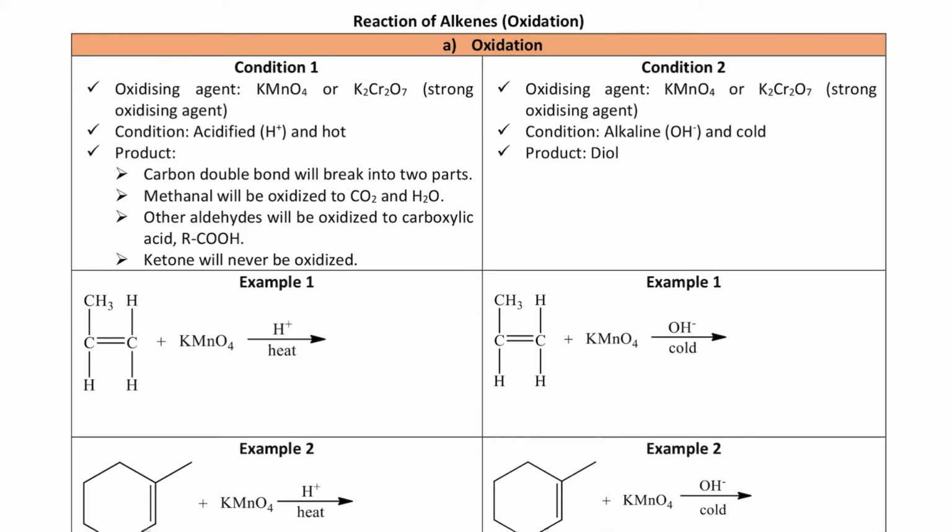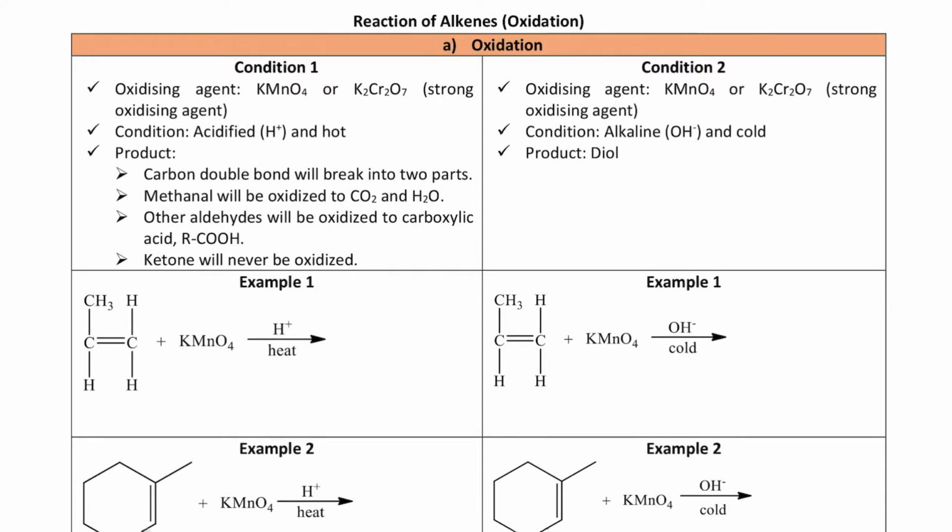Alright. So this one quite complicated sikit lah. Produk dia adalah, first, kita kan oxidize that carbon-carbon double bond dalam alkene tu. So the carbon-carbon double bond will break into 2 parts. Dia carbon-carbon double bond tu akan undergo oxidative cleavage, bermaksud double bond dia tu akan putus kepada 2. So bila dia putus tu, dia akan oxidize dah lah.